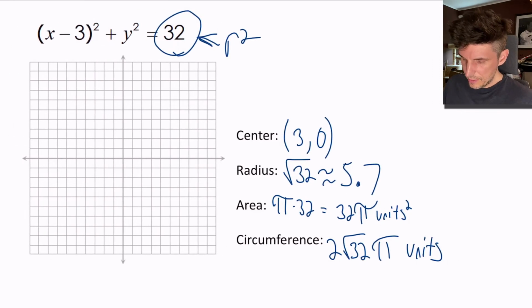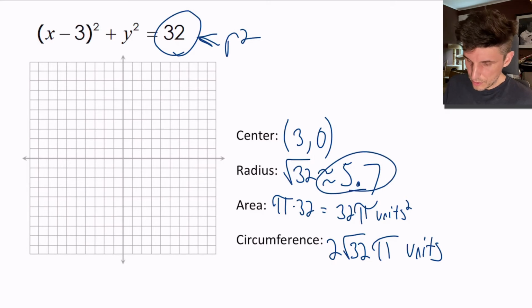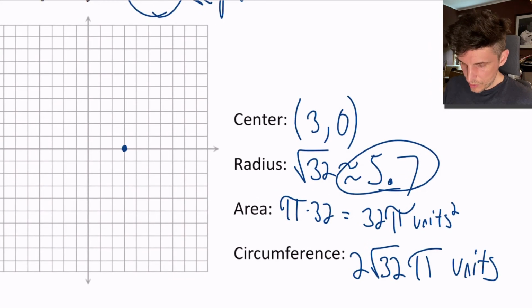And the reason I found a decimal for the radius is for the graphing purposes only. So that center is at 3, 0. So we're going to go 1, 2, 3, 0, and then we're going to count out 1, 2, 3, 4, 5.7. Like I had mentioned, you might want to just go up, down, left, right to get all of those points.